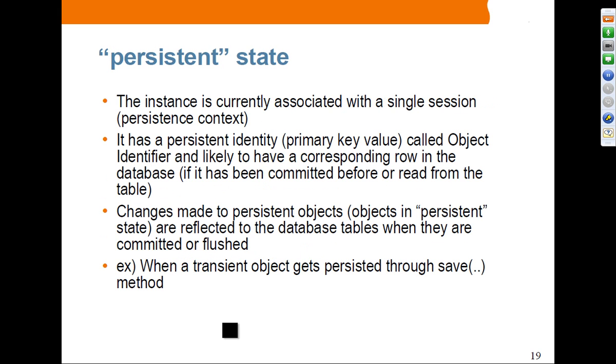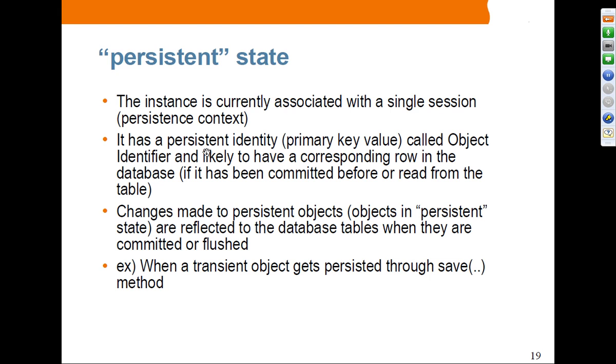Okay, so persistent state. When you save that transient object, when you actually persist it, there are in fact two methods, the persist method or the save method. When you call one of those two methods, typically the save method, then that object will be in persistent state. The instance is currently associated with a single session, meaning it is now handled by the session.